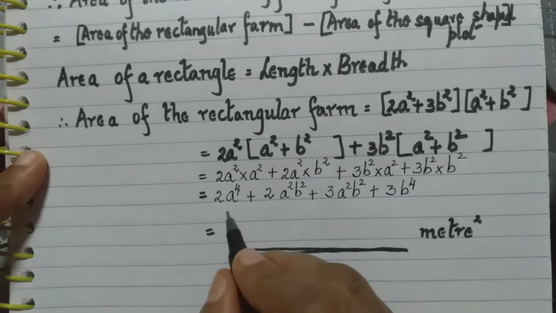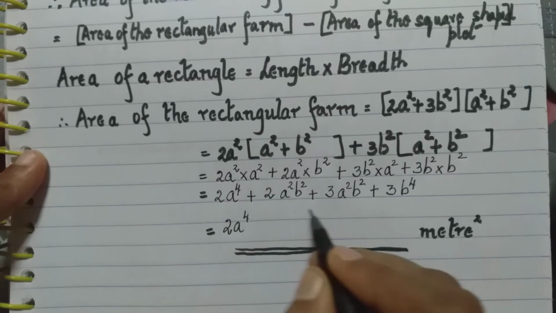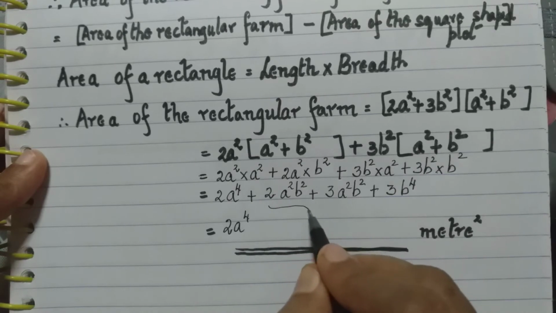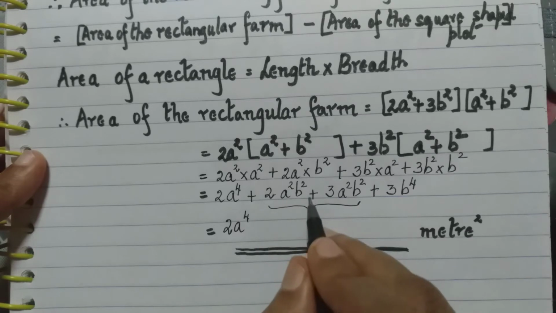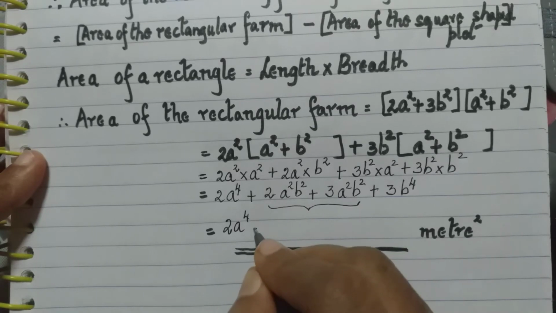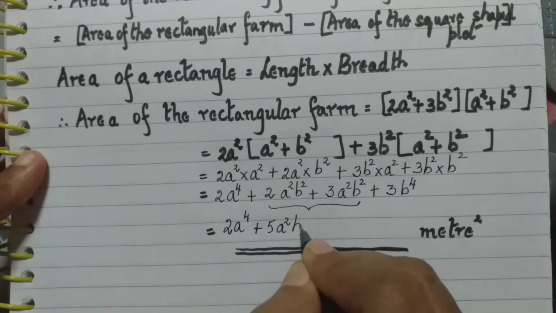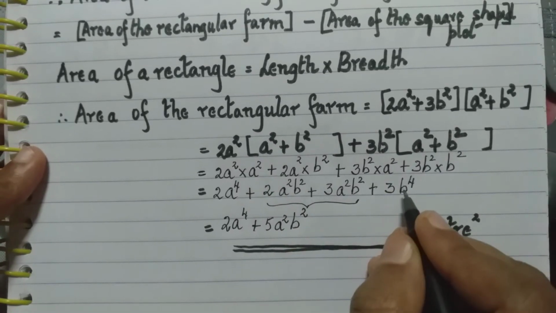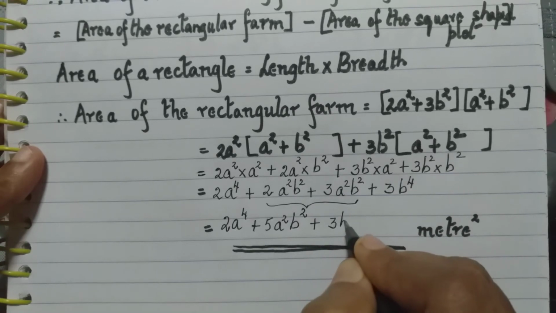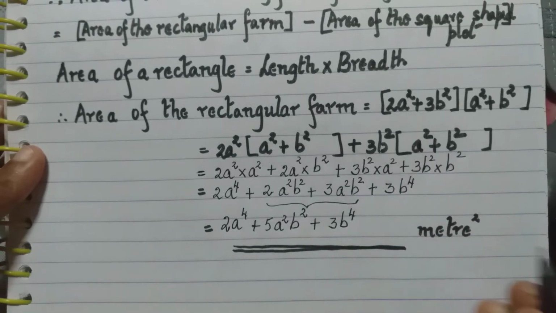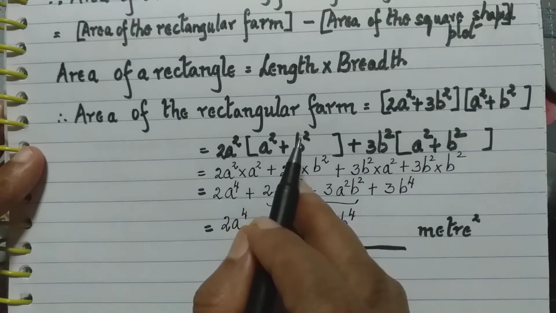This is equal to 2a raised to 4. These two we can add them. Why? Because they are like terms. 2a square b square plus 3a square b square will be 5a square b square, plus 3b raised to 4. Okay, so this is the area of the rectangular farm.